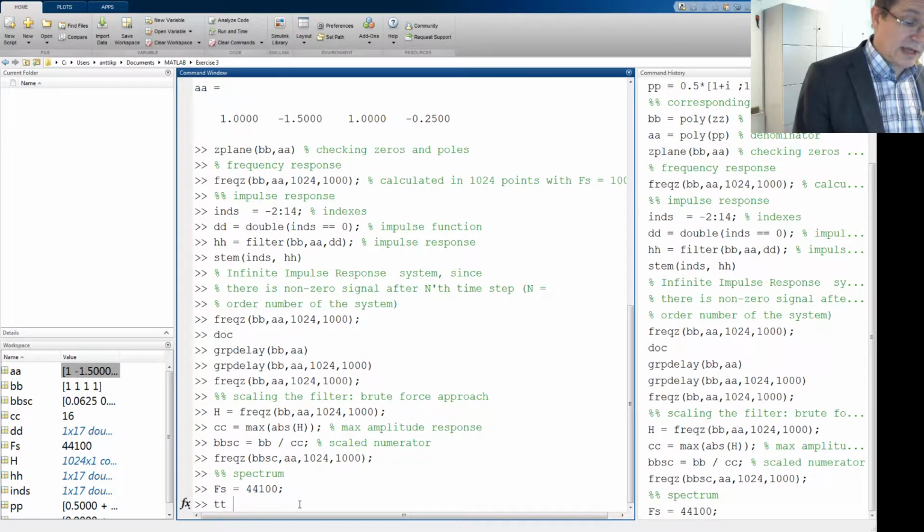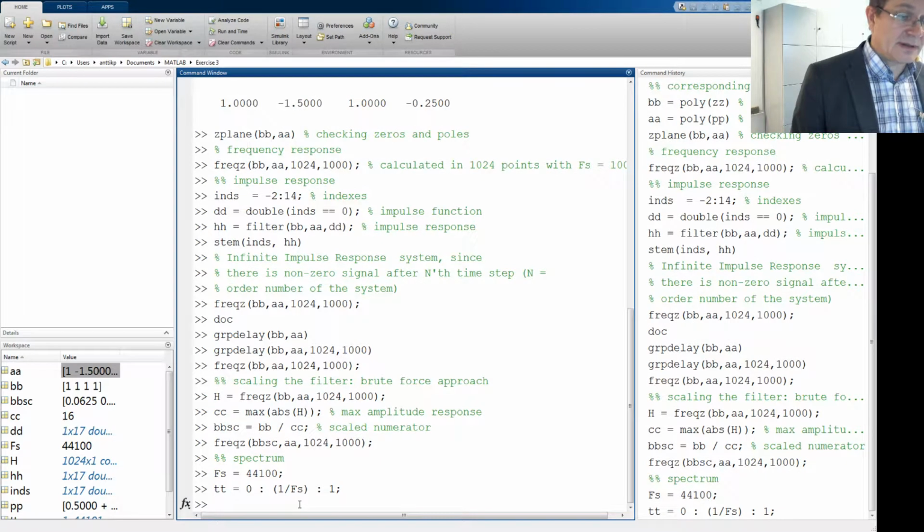Then have a sampling time vector. This can be done in many different ways, but this is my favorite way. I start from 0, go 1/f as steps. That's the step size, and then say 1 second. So this is a 1 second long vector of sampling times.